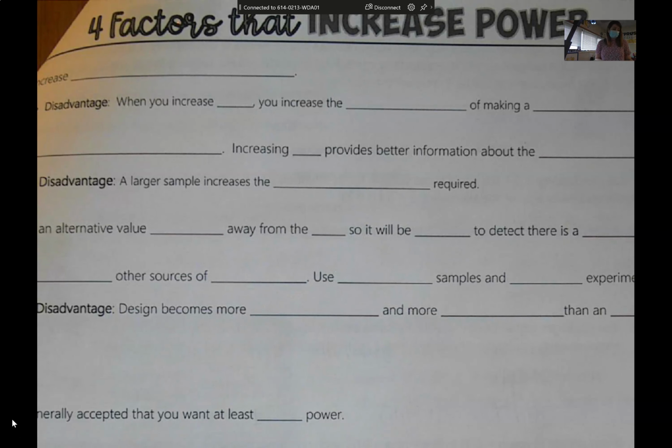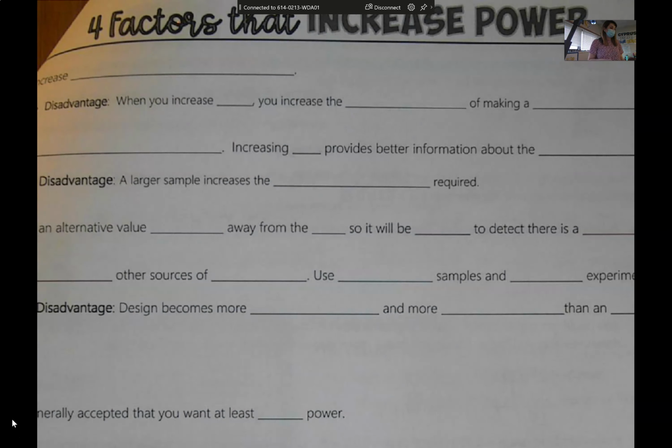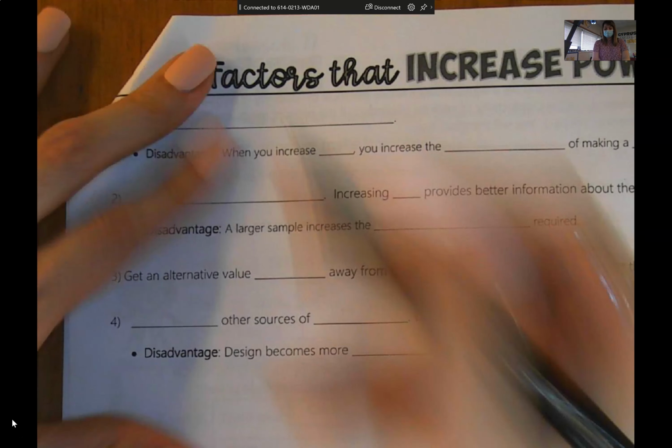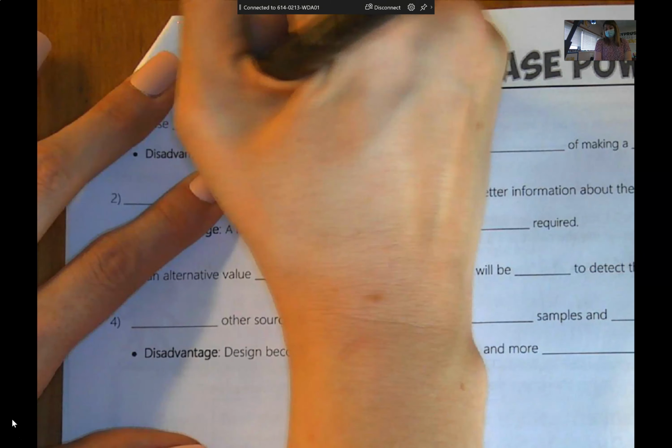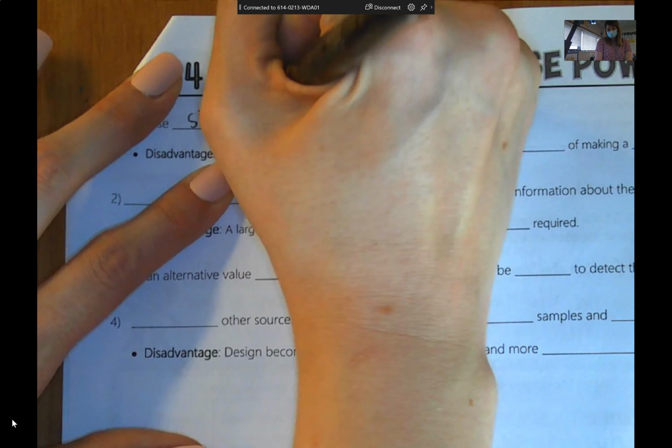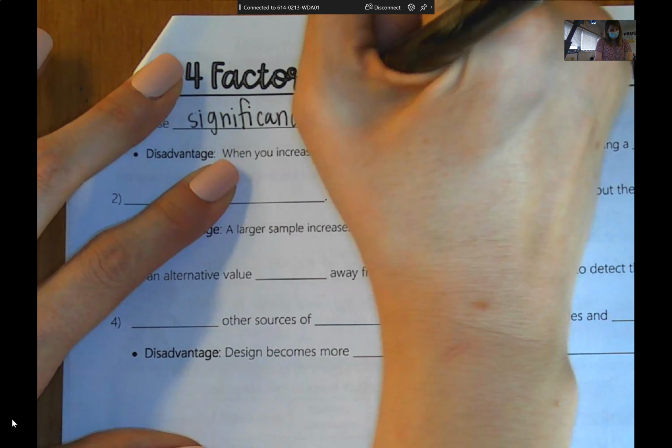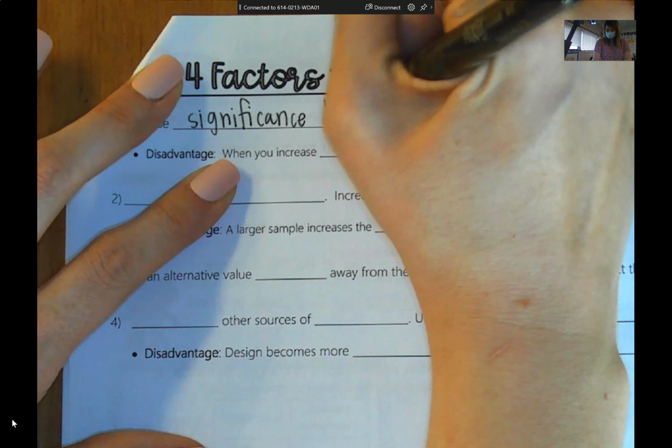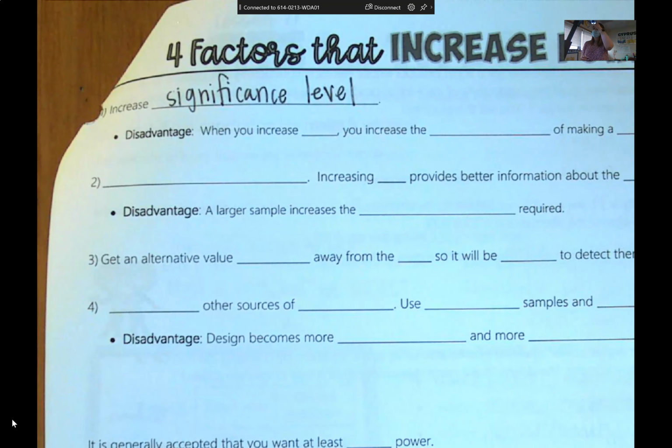The first one is that we could increase the significance level. Remember, that's alpha.